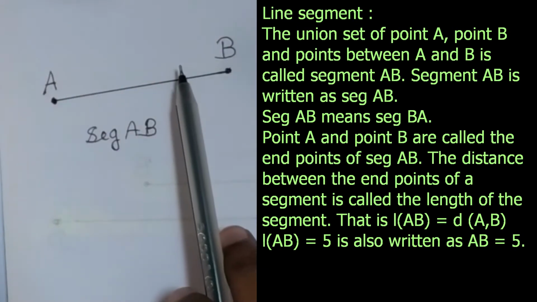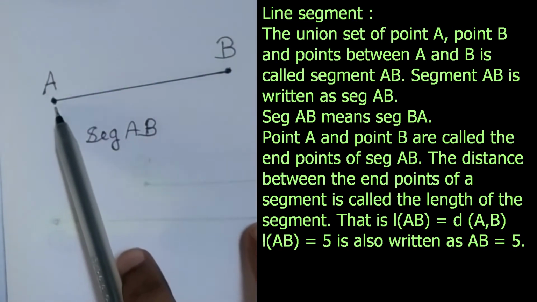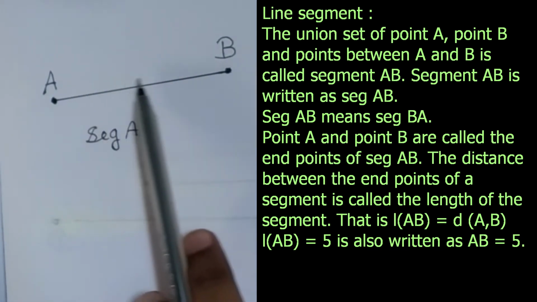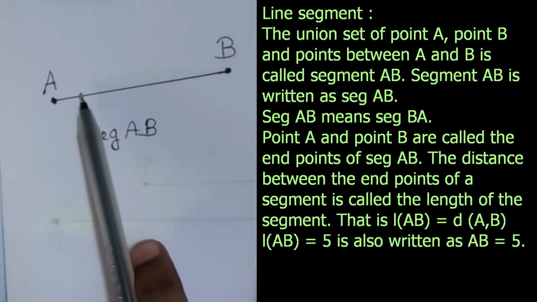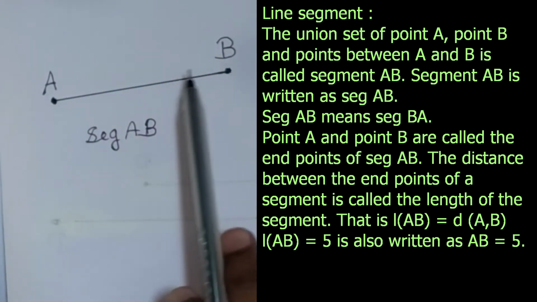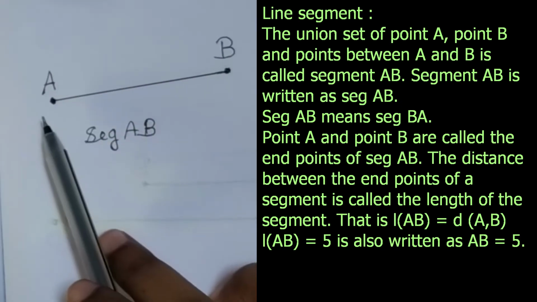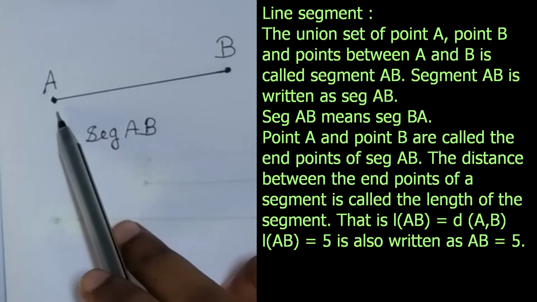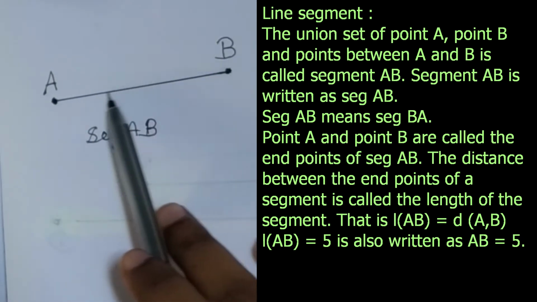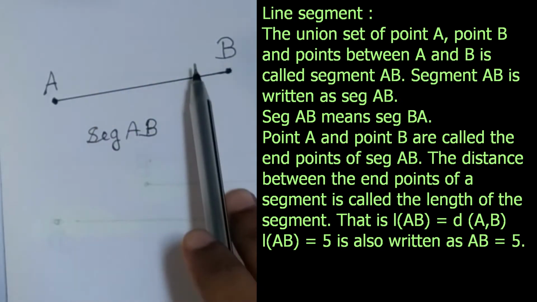A line segment is the union set of point A, point B and the points which are between A and B. The union of all this is called a line segment. Line segment means point A, point B and the set of all points between A and B together.